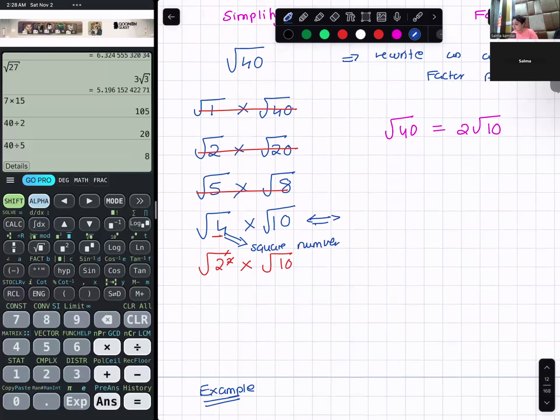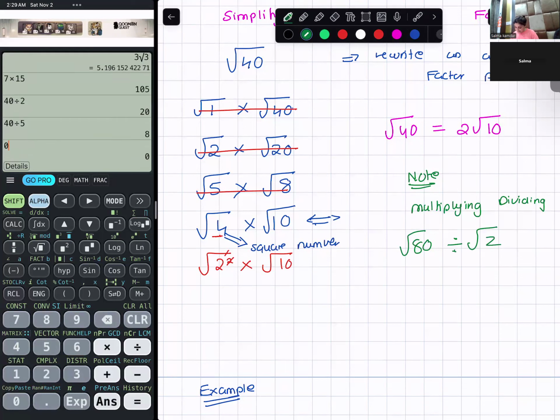One thing you have to note over here is that this rule works only when you're multiplying or dividing. That means 40 can be split up into 1 times 40, 2 times 20, 5 times 8, 4 times 10. Or it could be written as root of 80 divided by root of 2.